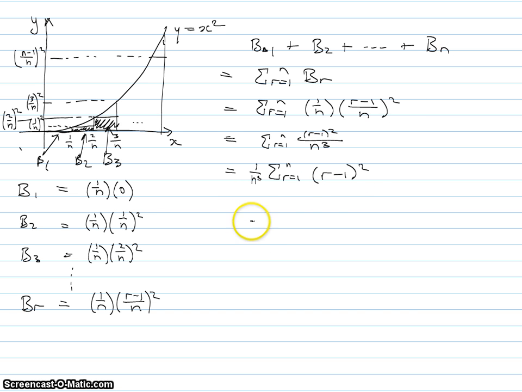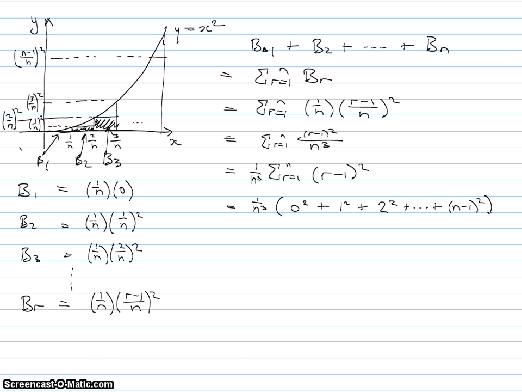Any way we can change this? Well, we have to play around a little bit. If I substituted in terms, what would this summation look like? Substitute in r equals 1, I get 1 minus 1, which is 0 squared. So my first term is 0 squared, plus my second term, r equals 2, I get 2 minus 1 squared, which is 1 squared, plus r equals 3, I get 3 minus 1 squared, which is 2 squared, plus, all the way up until I put in n, where I get n minus 1 squared.